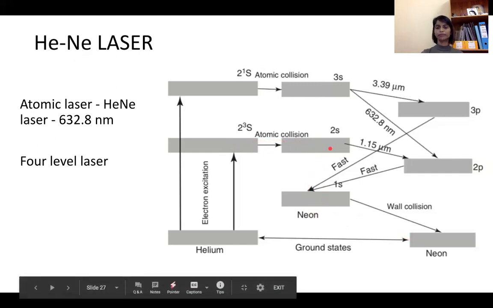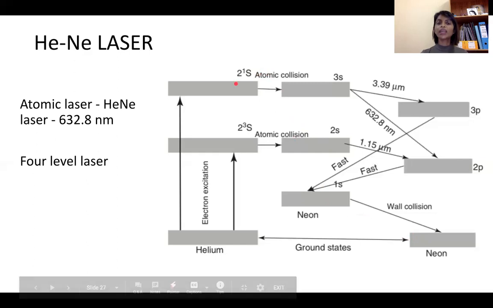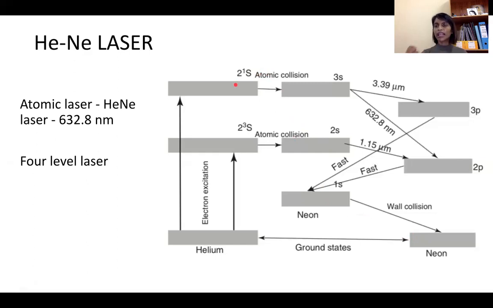and neon quickly transfers its electrons to this 2s state. Right? Same here, if the colliding helium atom is an excited atom, and that excited electron is in the singlet state, it is comparable with the 3s state of the neon, so it can quickly transfer its energy.